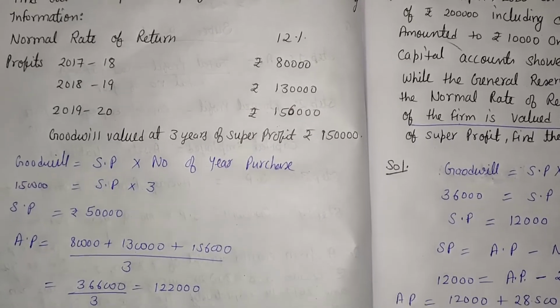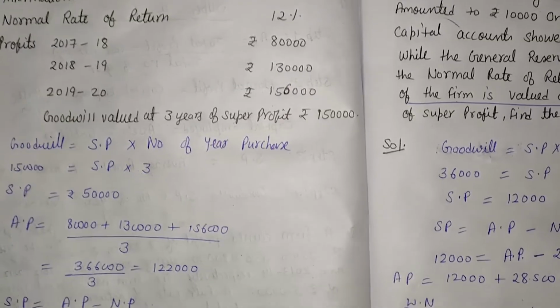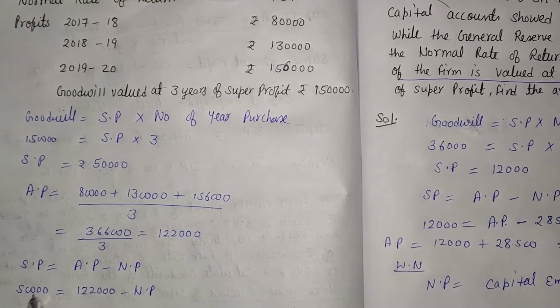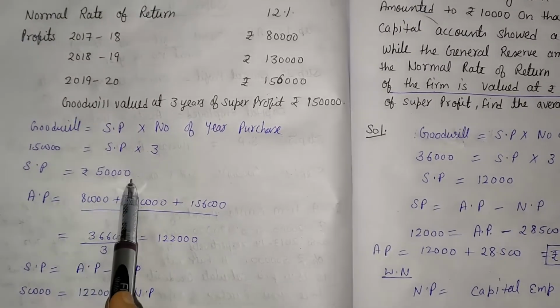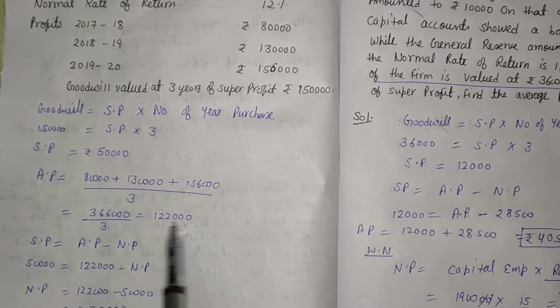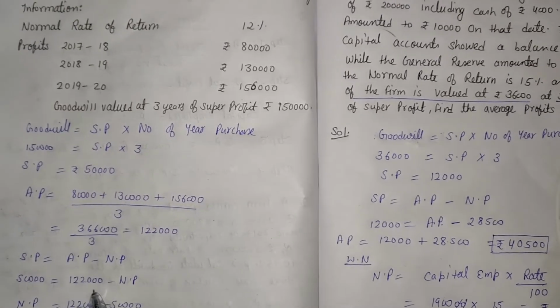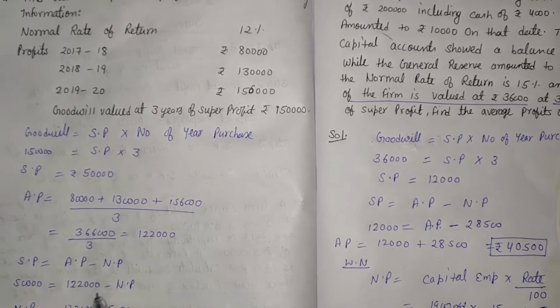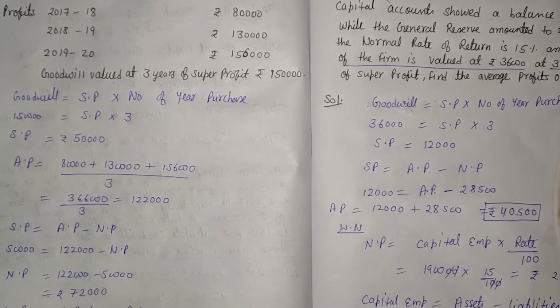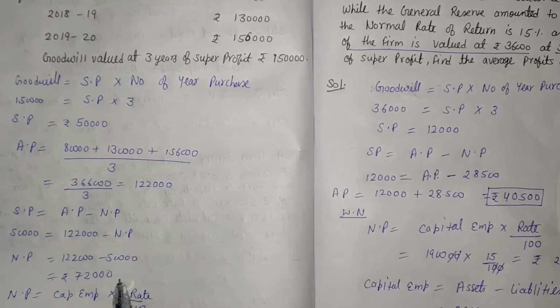Now the formula of super profit is average profit minus normal profit. Super profit we have already calculated, that is 50,000, equals average profit, which we have already calculated, that is 1,22,000, minus normal profit. We can easily solve for normal profit, and we get 72,000.